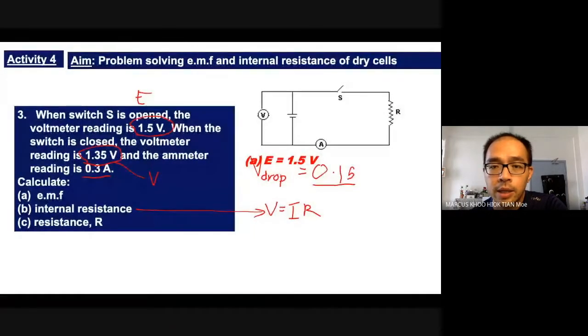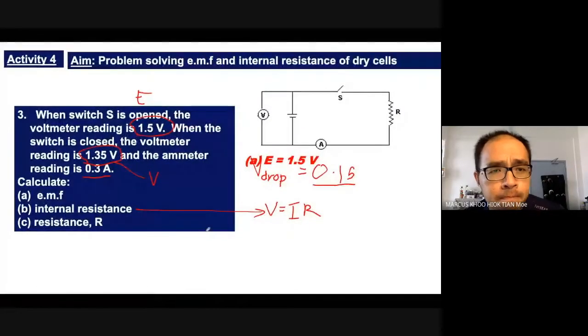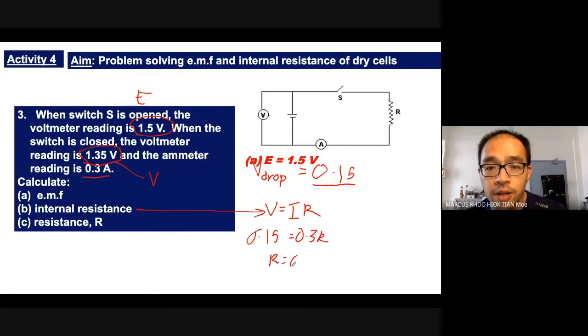Let's have Elijah. How much is the internal resistance? 0.5. Sorry, the voltage drop is 0.15 equals 0.3 times R. So R is 0.5 ohms.